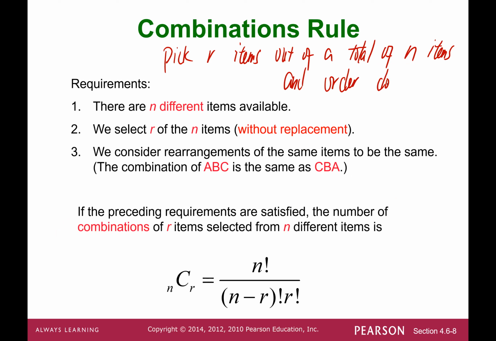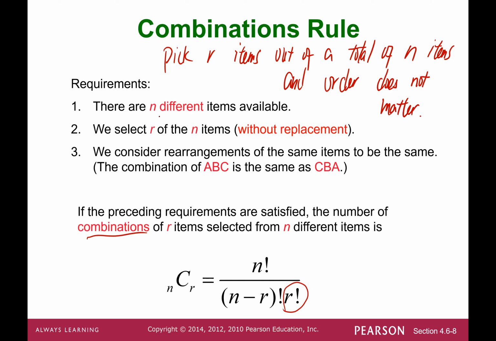The order of the rearrangement of those R items does not matter. As you can see, the difference between combination and permutation is R factorial here. Meaning for combination, we have fewer outcomes because we do not rearrange those R items. So that's why we divide by R factorial here.